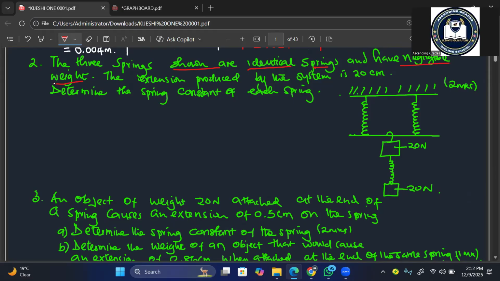Then you are told the extension produced by the system is 20 centimeters. Then you are told determine the spring constant of each spring. Then we are having this diagram over here.